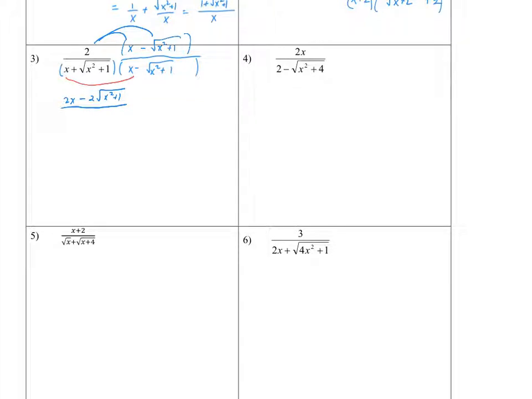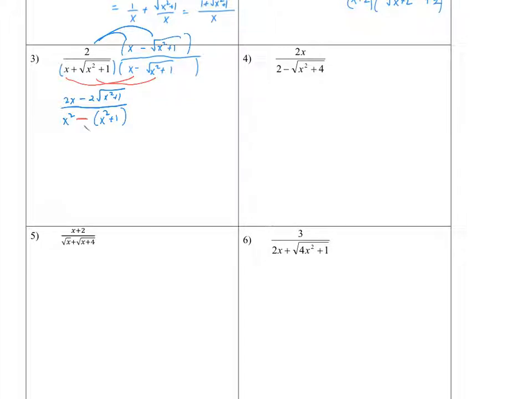X times x is x squared. We'll end up getting a minus. And root x squared plus 1 times root x squared plus 1 is x squared plus 1. Make sure you use parentheses because you need to subtract that entire quantity.